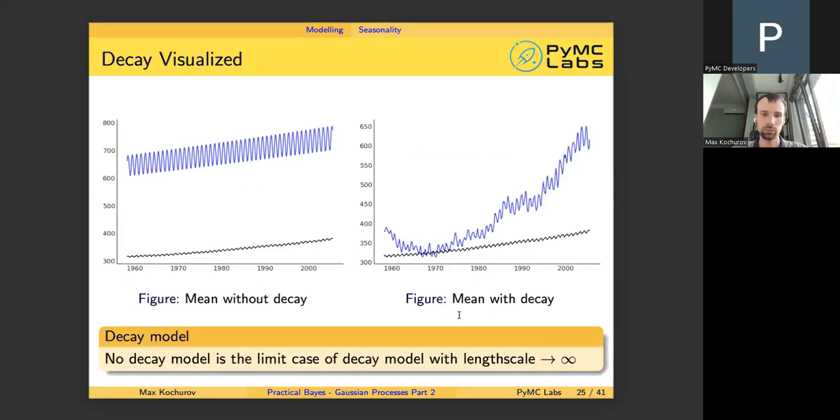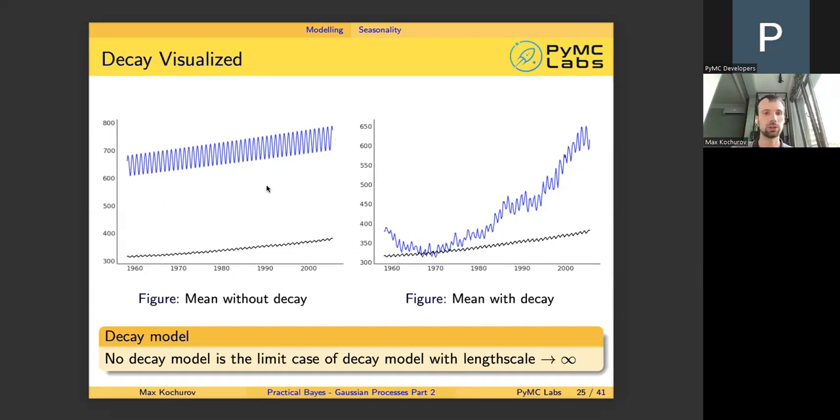So let's look at how it would look if we slightly vary the length scale for this exponential kernel. If we limit this length scale to infinity, our seasonal pattern doesn't change much in time.